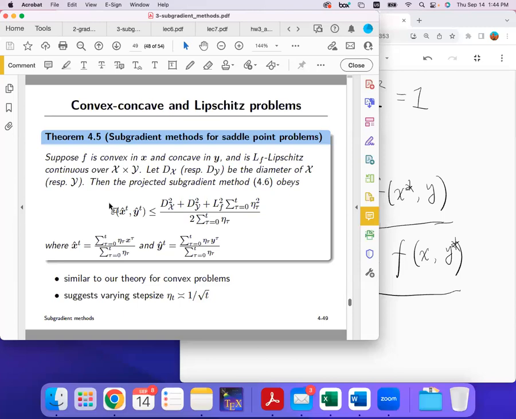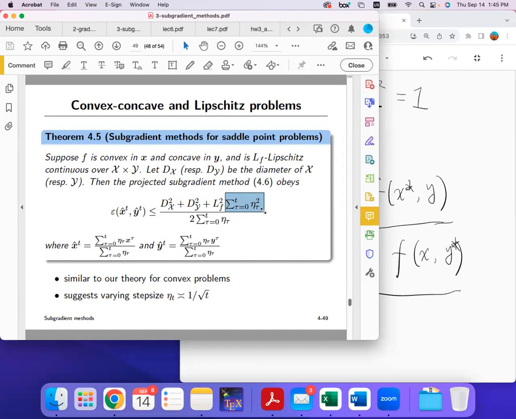You see this convergence error, this convergence metric. So after running t iterations, the convergence error can be bounded by the right-hand side. The right-hand side is basically some constants, but pay attention to these summations. It's the sum over the square of the step size divided by the sum over the step size.